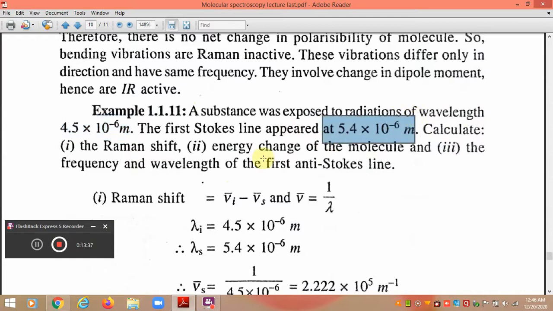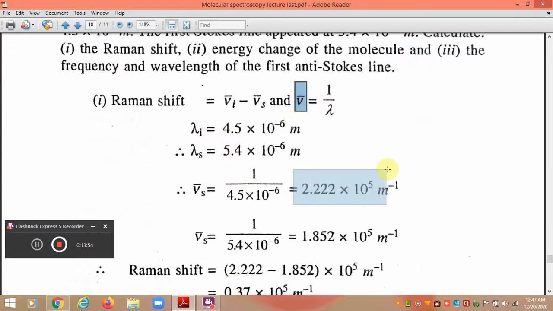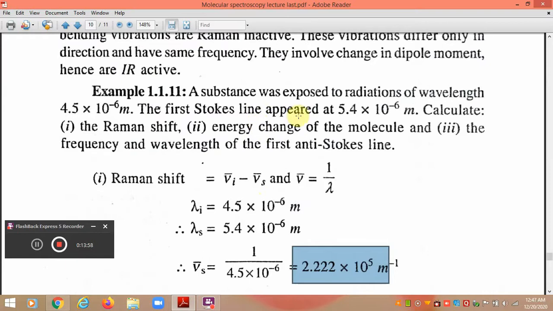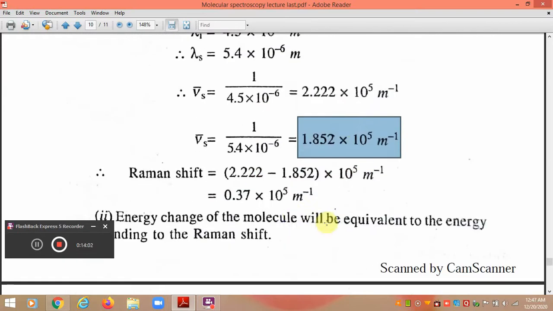These are wavelengths, and whenever you write the frequency in terms of wave number, mu bar, we take the reciprocal. The reciprocal of 4.5 × 10^-6 is 2.222 × 10^5, while mu s bar, from 5.4 × 10^-6, will be 1.825 × 10^5 per meter.